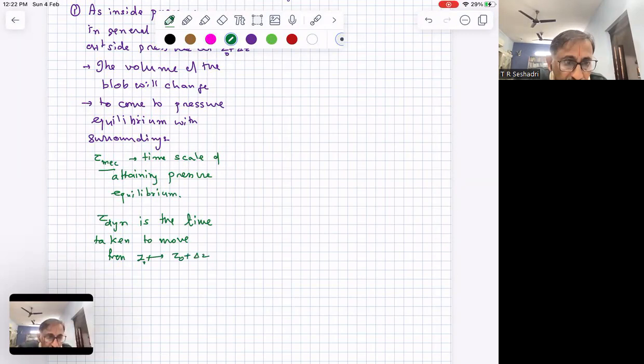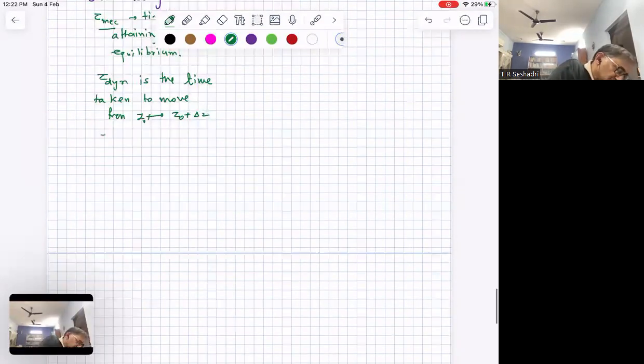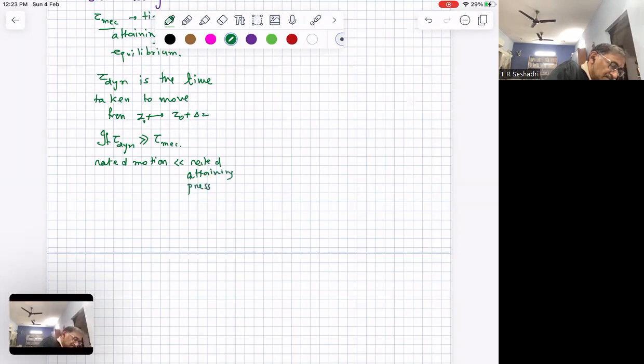Now, if tau dynamical is much greater than tau mechanical, then it means that the rate of motion is much lesser than the rate of attaining pressure equilibrium. Okay, is that fine? Yes.